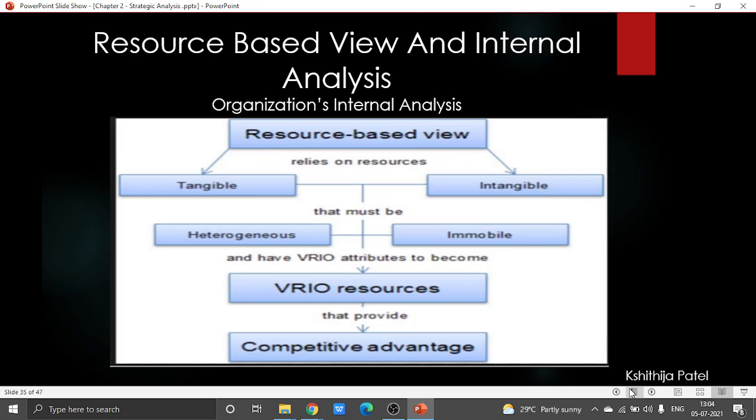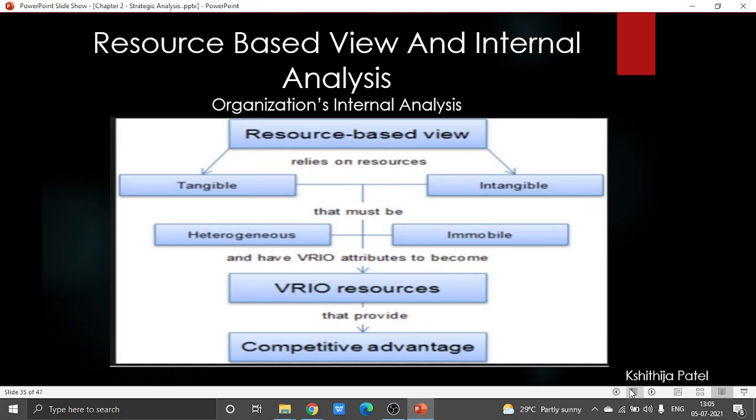Now what are tangible resources? Tangible resources can be financial assets or any other assets the organization has. Intangible assets can be technological know-how, it can be knowledge that is there, it can be the skills of the people.